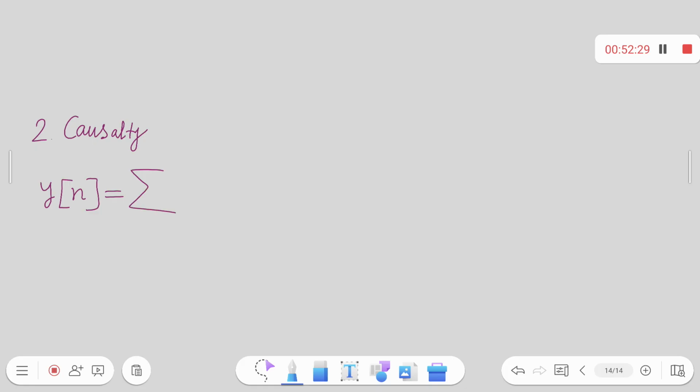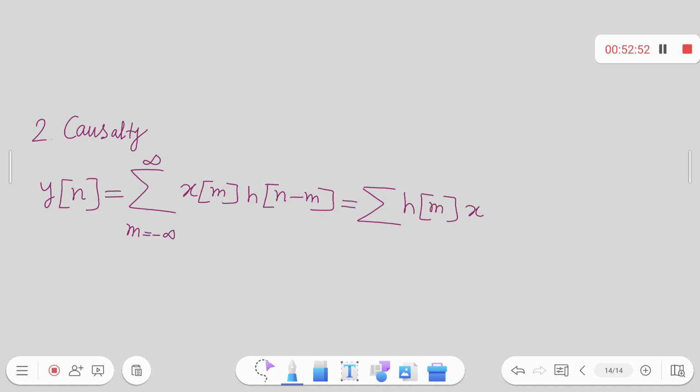The same expression: summation of x of m h of n minus m, where m is ranging from minus to plus infinity, or summation of h of m x of n minus m, where m is going from minus to plus infinity.